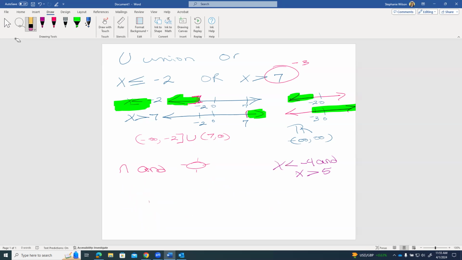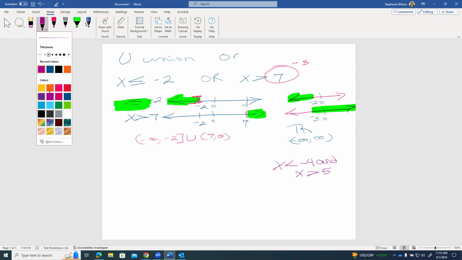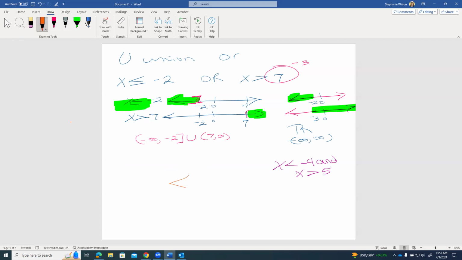Now we're still on the intersection, so I'm going to draw these out. The first one is x is less than negative 4. So I have my 0 and negative 4 right here, and x is less than that. There's no equal to sign, so it's just a parenthesis on that negative 4.